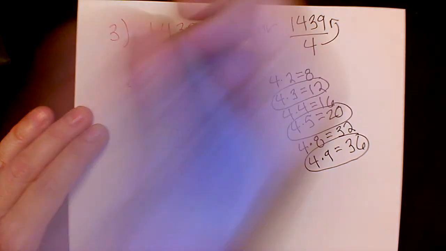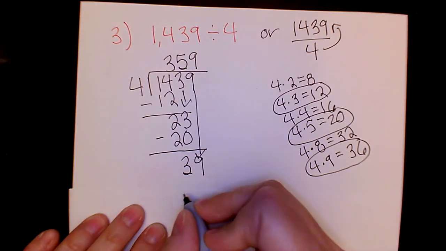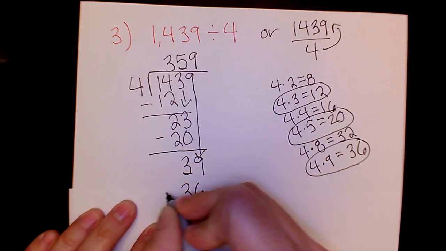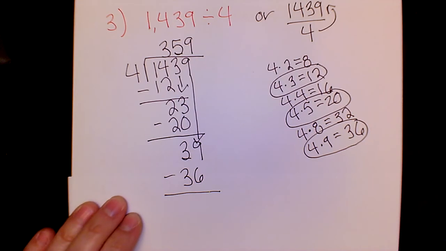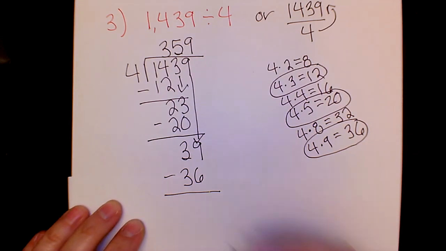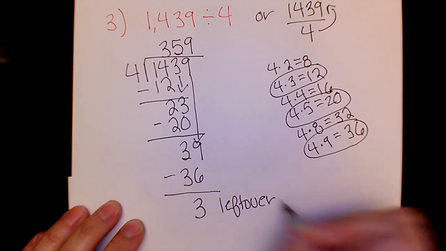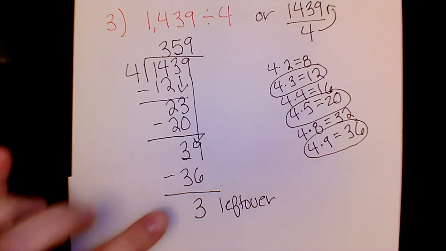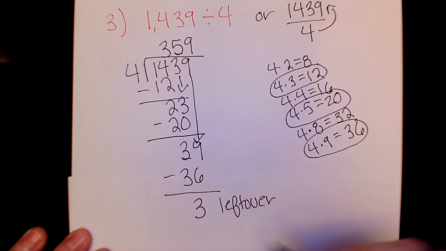So 4 times 9 is 36. So when I subtract, I've got 3 left over. And 4 is too big to go into 3. So this is how we write our answer.